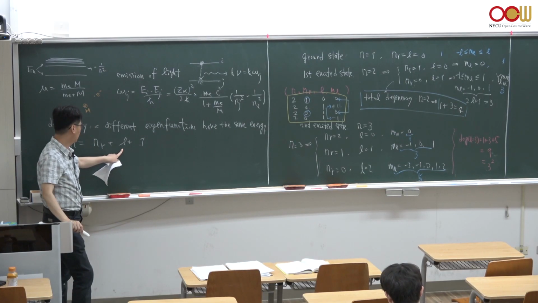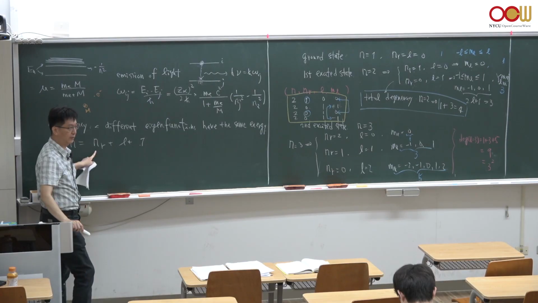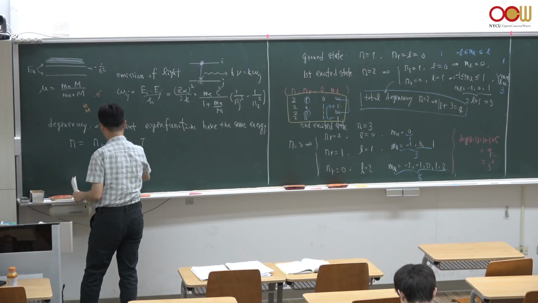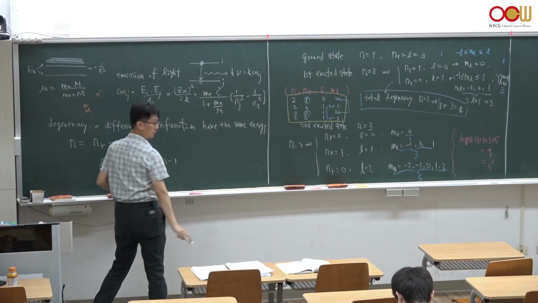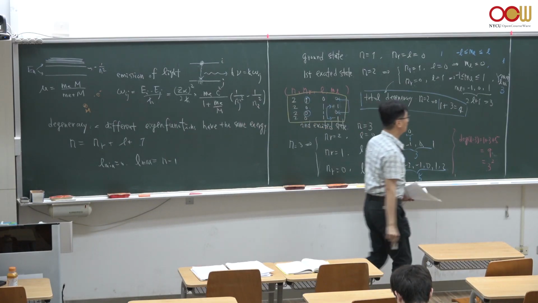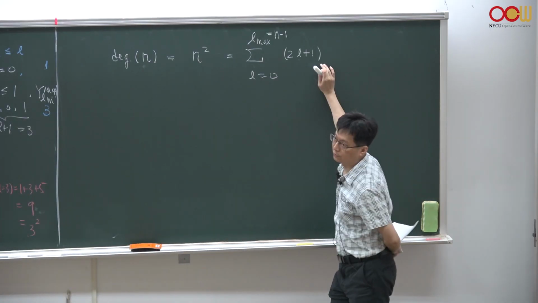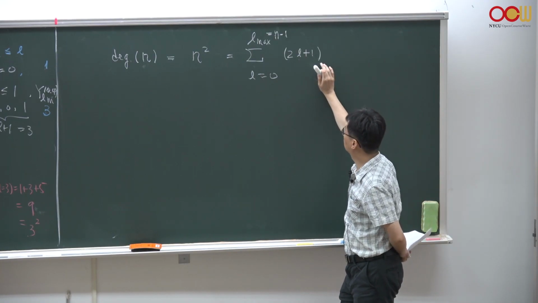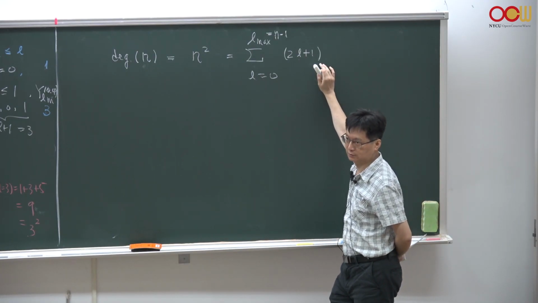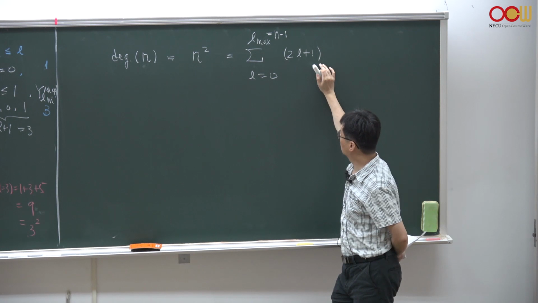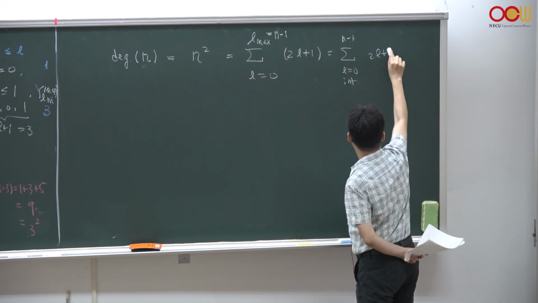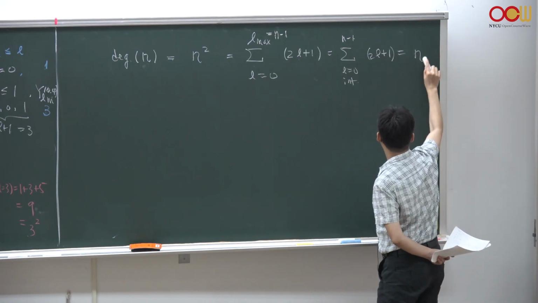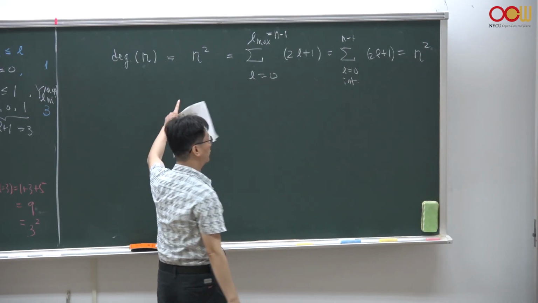So L minimum is 0, but L maximum is n minus 1 when nr is 0. You sum over all possible L, and for each fixed L, you have 2L plus 1 degeneracy. As a result, this summation gives you precisely n squared. It's simple algebra.